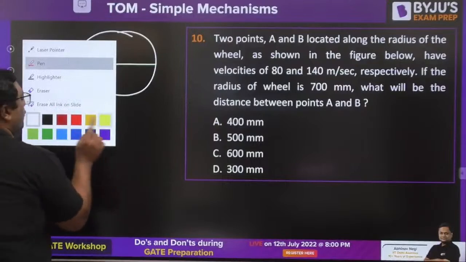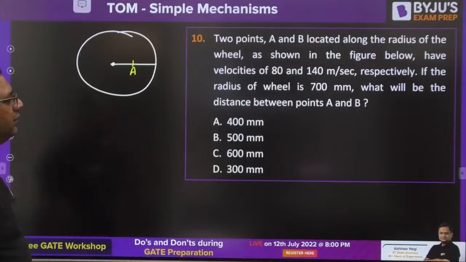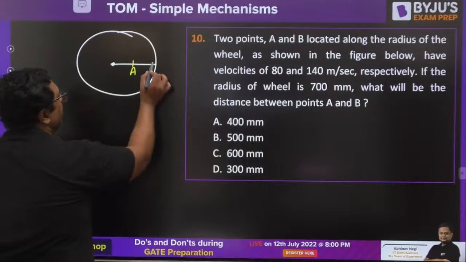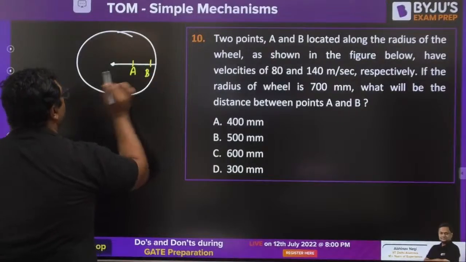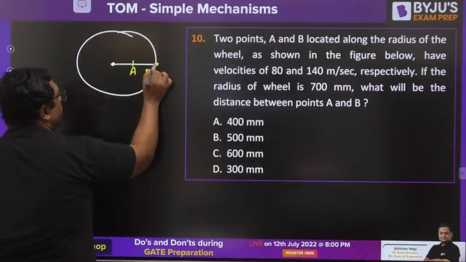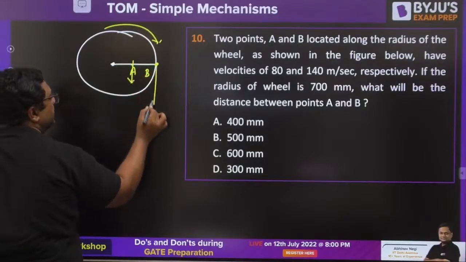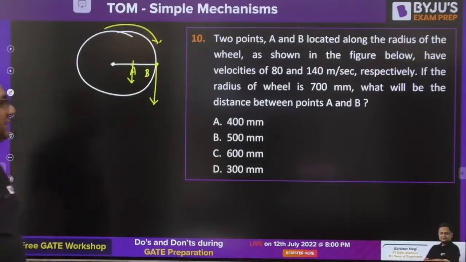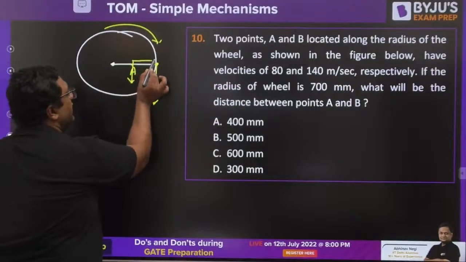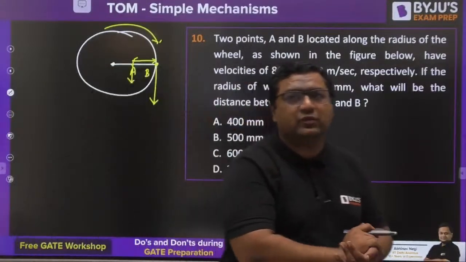So consider two points, one is A, the other is B. B may be at the end, you can consider it there also. If the wheel is rotating like this, velocity of A is this, velocity of B is this. They are saying the radius of the wheel is 700 mm. What will be the distance between A and B? You need to find out this distance. Try to solve it. Let us see how many give the right answer.